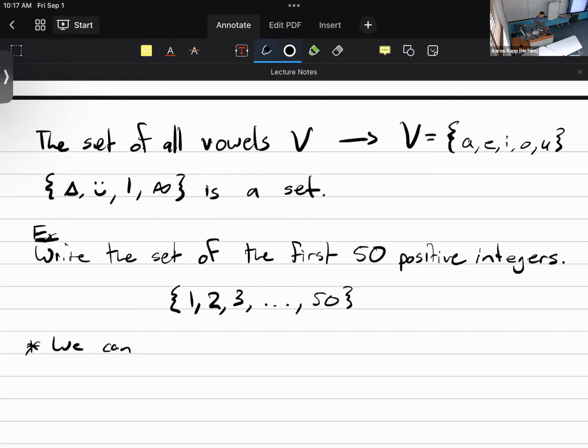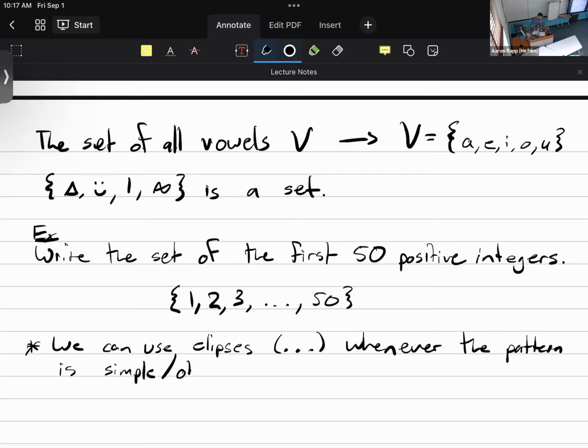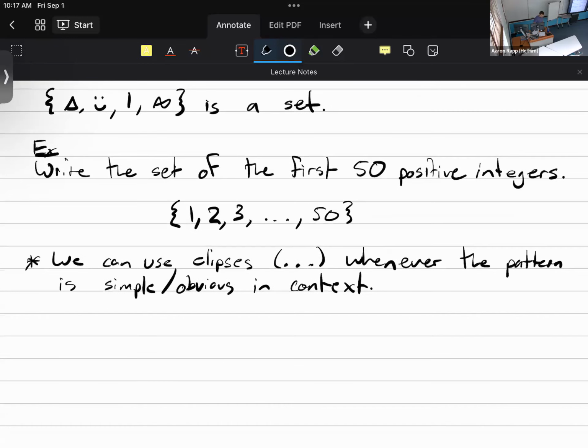You can always use those ellipses, those little three dots, whenever the pattern is simple and obvious in context. We always want to make sure we satisfy that: simple and obvious in context.